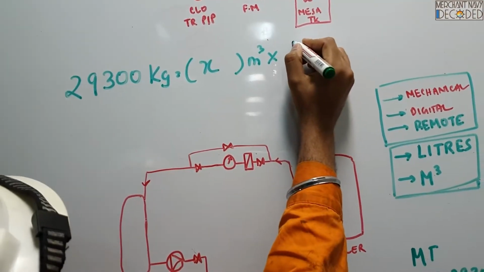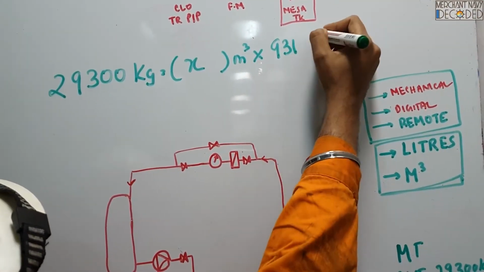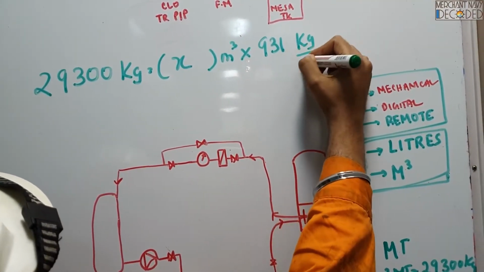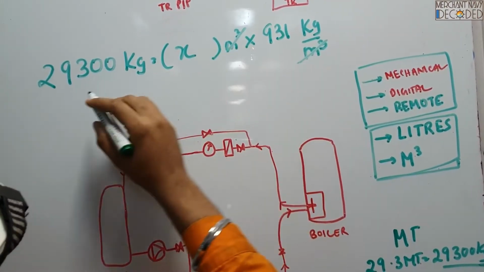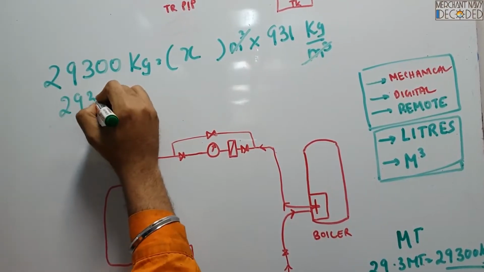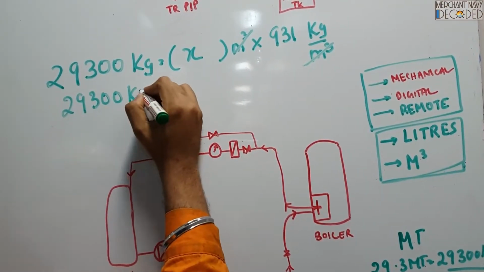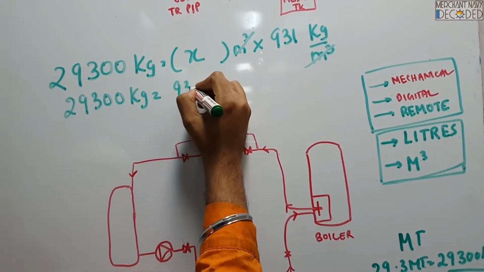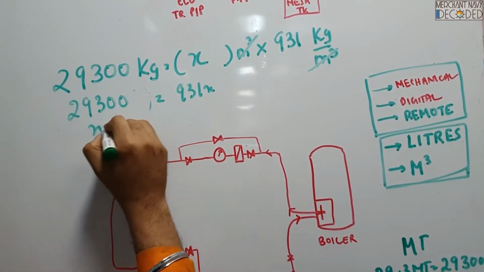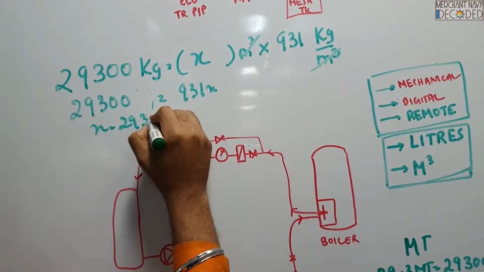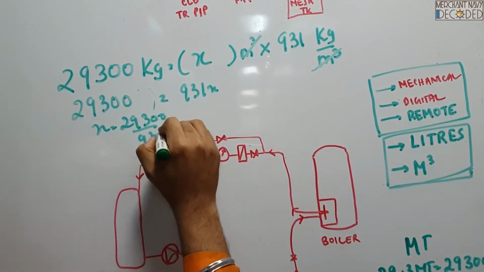The density of the fuel that I am using is 931 kilogram per meter cube. So meter cube gets cancelled. What remains is 29,300 kg is equal to 931x. So x is equal to 29,300 upon 931, this much meter cube.